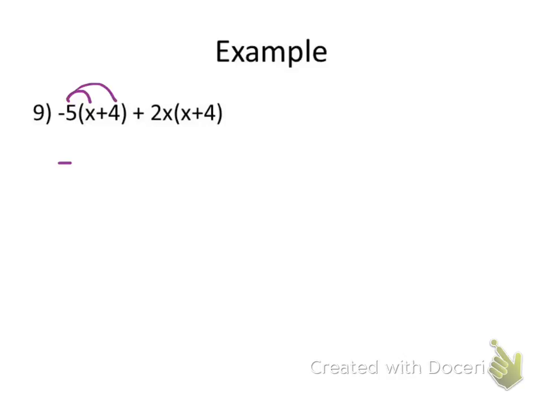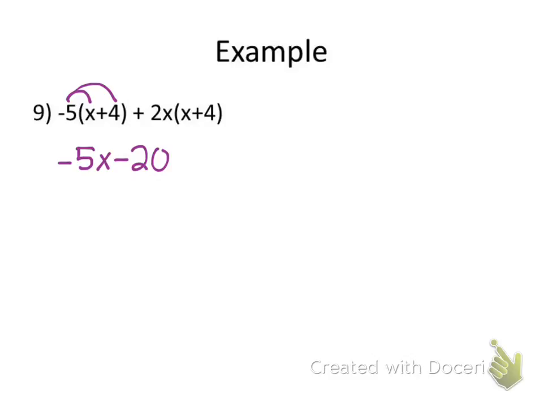Negative 5 times x is negative 5x. Negative 5 times positive 4 is negative 20. So minus 20. Now, usually I write an extra step in there. I'm trying to get away from that since we've been distributing for a while now. If you still need to write out that extra step, go for it.